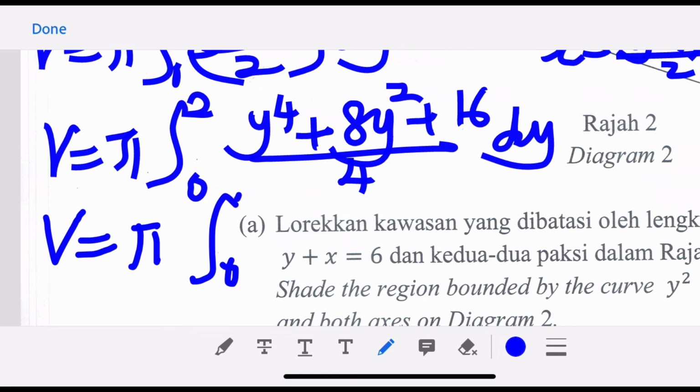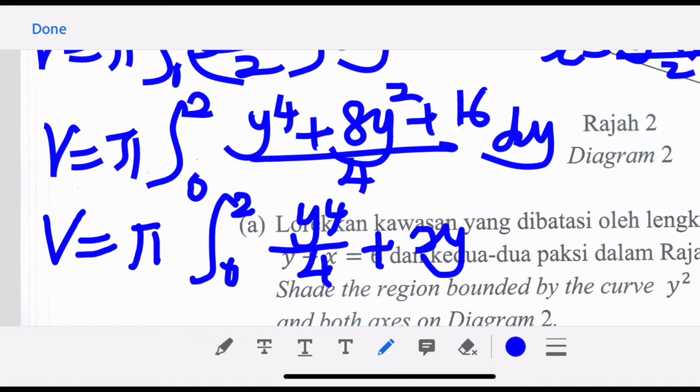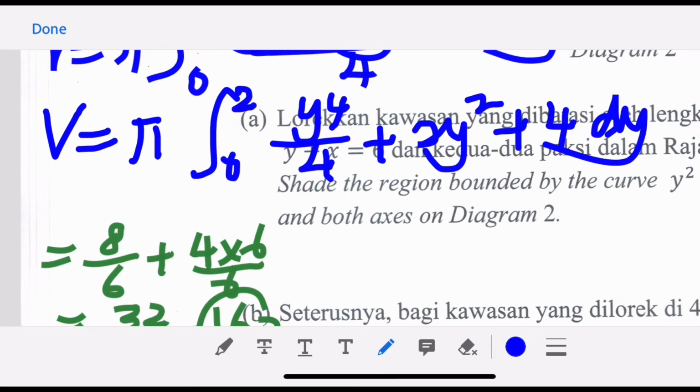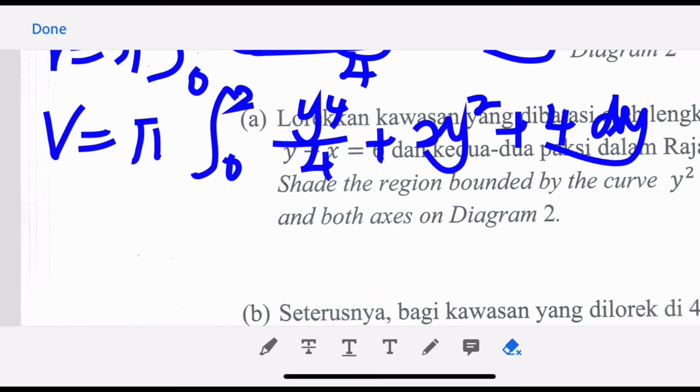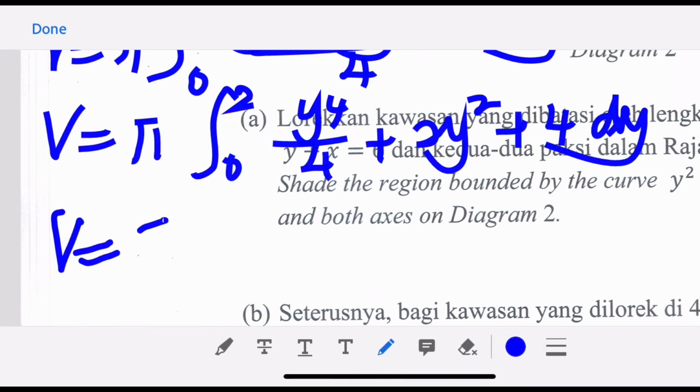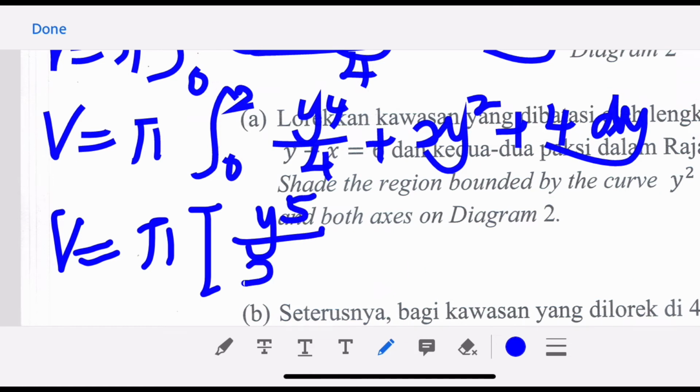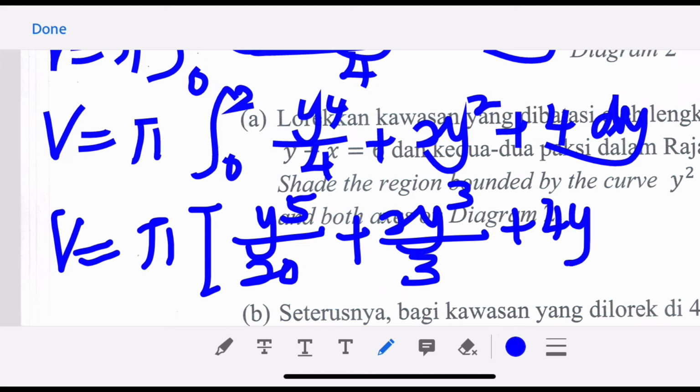From 0 to 2, y to the 4 over 4 plus 2y squared plus 4 dy. Then we will integrate: the volume is pi, y to the 5 over 20 plus 2y cubed over 3 plus 4y, and we substitute from 0 to 2.